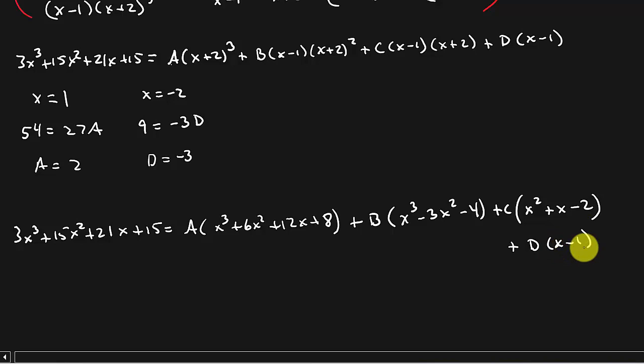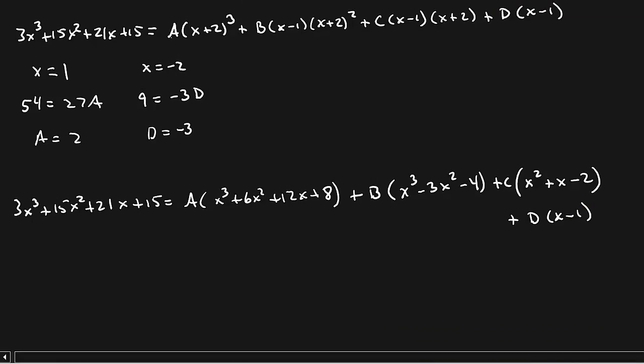And I hope I haven't made a stupid mistake somewhere. If I have, then you know I did. Okay, this is a lot. So now I've got 3x cubed plus 15x squared plus 21x plus 15 equals, now I've got to distribute each of those.